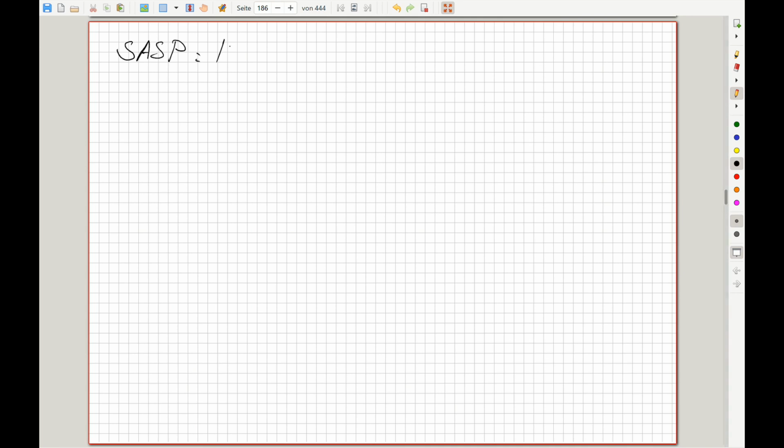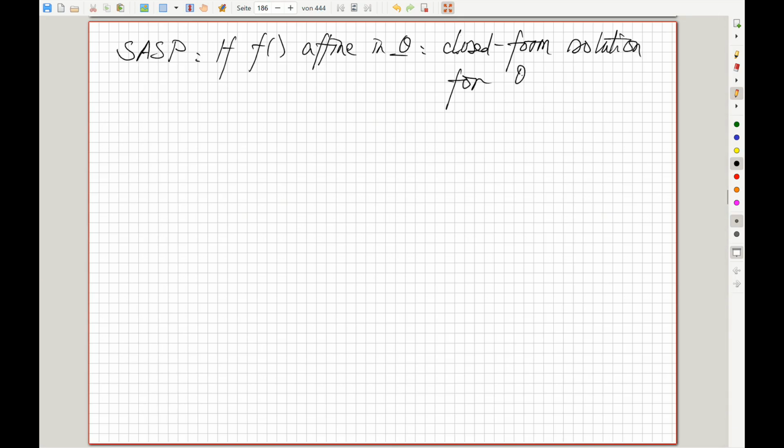It tells you that if the function f is an affine function in the parameter vector, then we have a closed form solution for theta. This is, of course, a beautiful situation, but it only happens if f is an affine function, which can be written as a linear combination of theta plus a parameter vector.